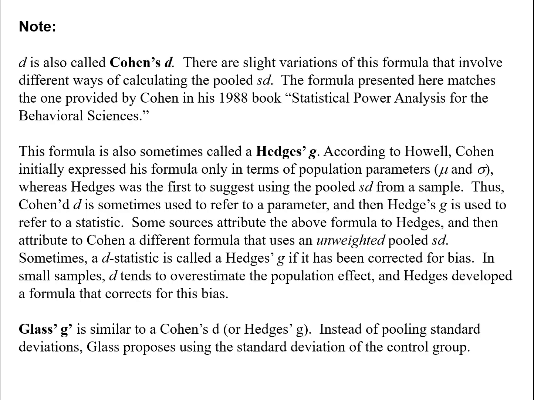I'm just going to be calling everything Cohen's d, everything a d-statistic. But if you read a journal article or you hear someone talking about Hedges' g, or if you're doing a study and someone asks you to report Hedges' g, know that it's essentially the same thing as a d-statistic. And here's a note, and this note is in your lecture notes, and you can read more about that if you want to learn about the difference between these two.